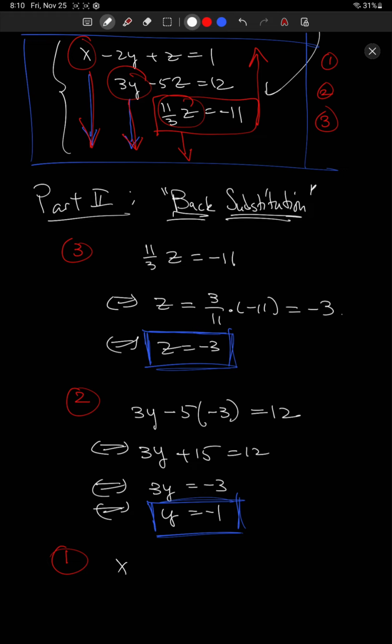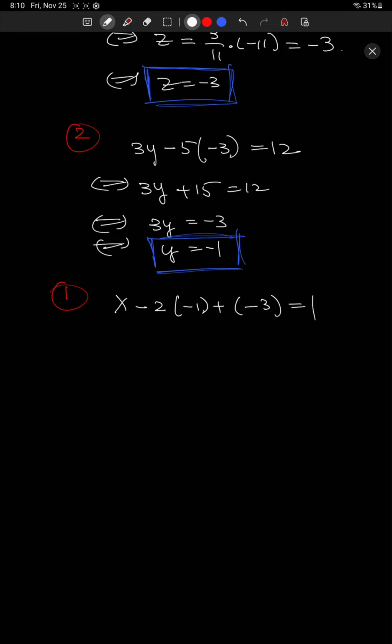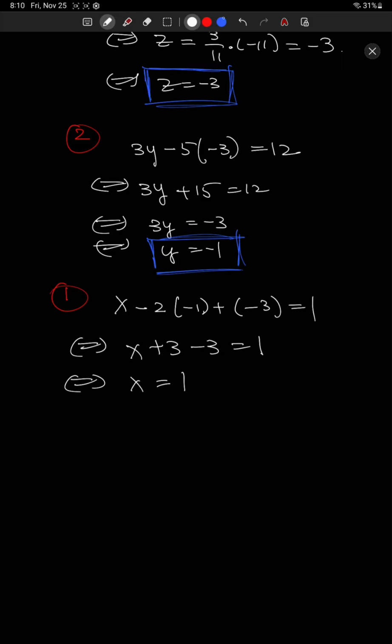So let's do that. x minus 2y, which is negative 1, plus z, which is minus 3, is equal to 1. Now we solve for x. So x plus 3 minus 3 is equal to 1, and immediately we get x equals 1. That's it. That gives me all my variables. If we actually had to go up more, then we would go up to the next step and solve for the next variable and so on.